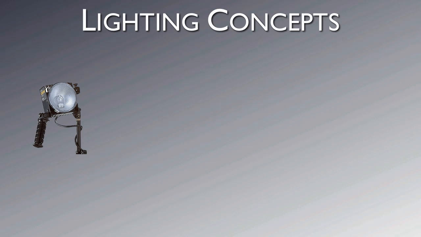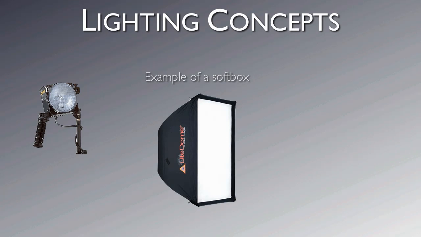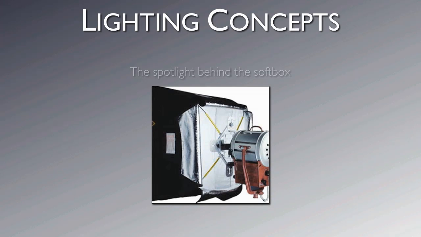A photographer's softbox is one of the most widely used light fixtures. This is because it creates a wonderful soft light that wraps around the subject and produces nice, soft shadows. If you open a softbox, you'll find that inside there is a light that is not much different from a spotlight. So the source of light itself is similar.